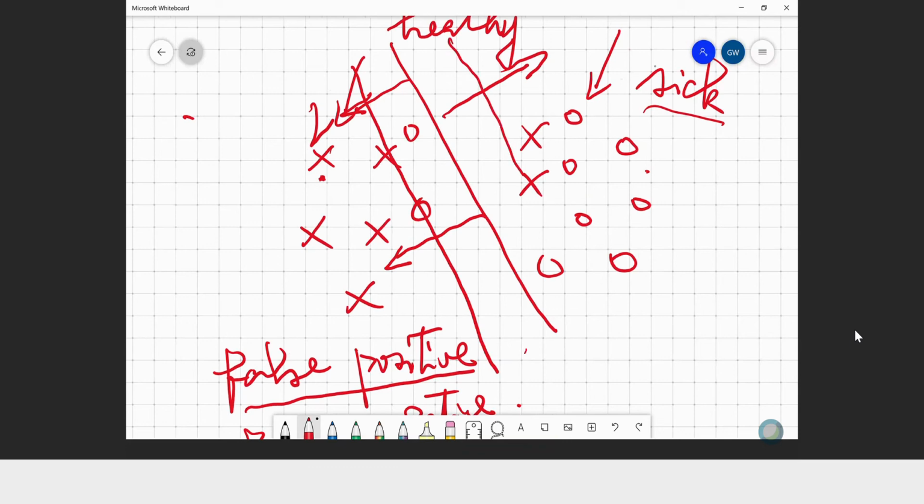If you move your hyperplane to the right, then you will predict fewer observations to be positive. If you want to increase the false positive rate, you will move your hyperplane to the left side. Did you get it?